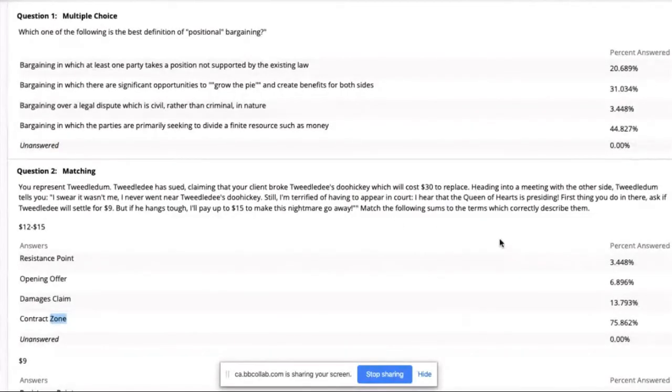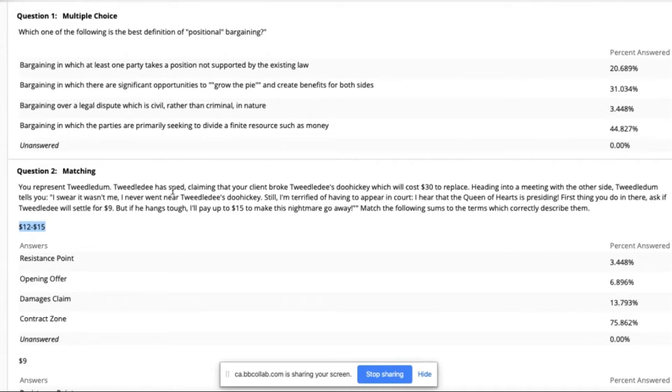So here we don't actually know what Tweedledum's resistance point is, but it has to be $12 to $15 has to be the contract zone, because the other numbers in the options all corresponded to one of these other things, and it's the only one of those options that was actually a zone, right? 12 to 15.